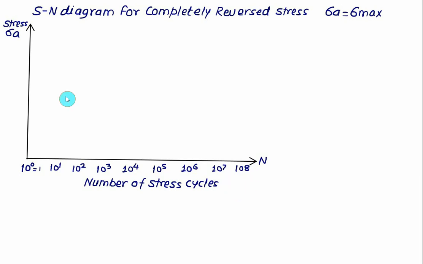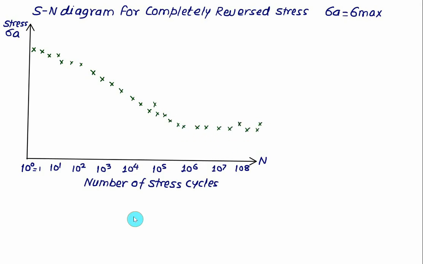Some data points you can record on the SN diagram: initially for a low cycle you will get the failure points like this one. Then from 10 to the power 3 to 10 to the power 6 the failure points will be observed, which change almost linearly, and after 10 to the power 6 again you will observe data points in this fashion.